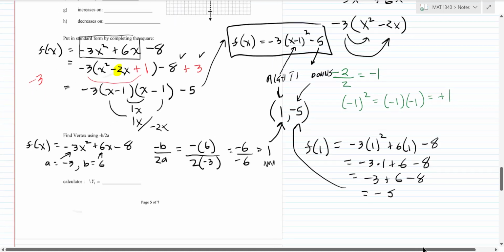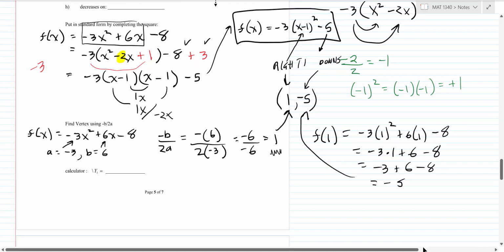And you need to kind of go down to the bottom of the page for that. So the next thing we want to do is find the x-intercepts. So remember, when we do an x-intercept, we set the function f of x equal to 0 and we solve an equation. Okay, so go back to the beginning of the problem where we had f of x is negative 3x squared plus 6x minus 8.